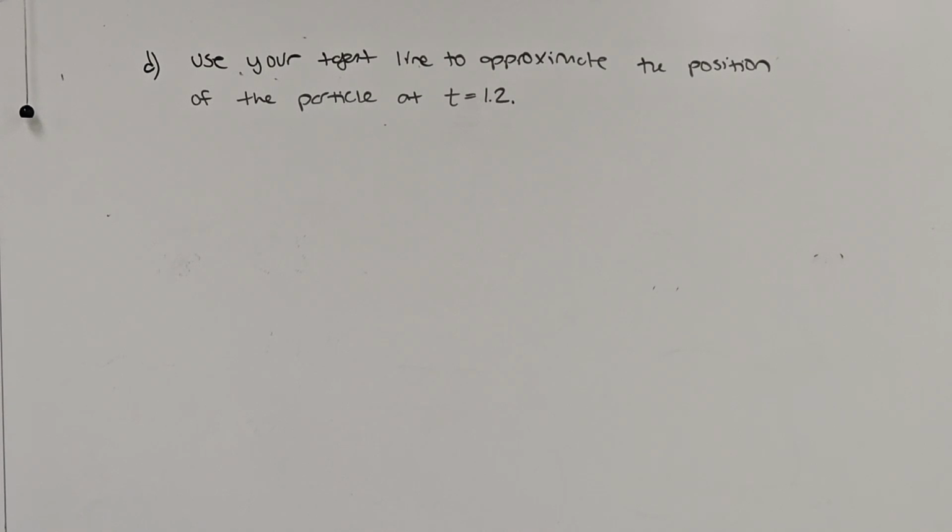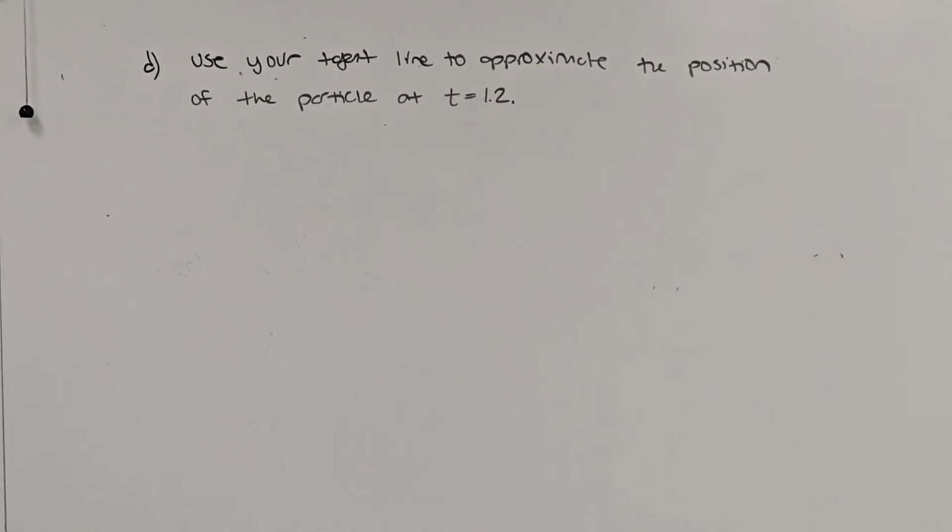Now that you've made a tangent line that approximates the direction that this thing travels in, this position function that we've created approximates the original position of this particle, but only at t equals 1.